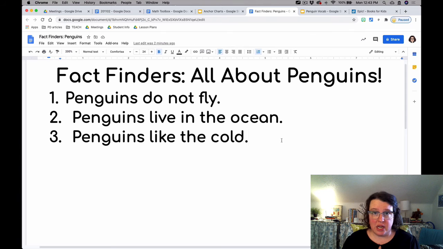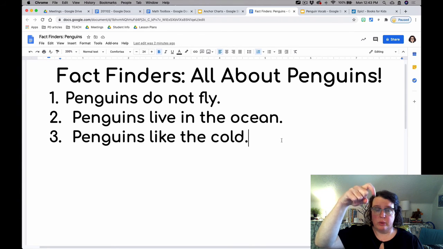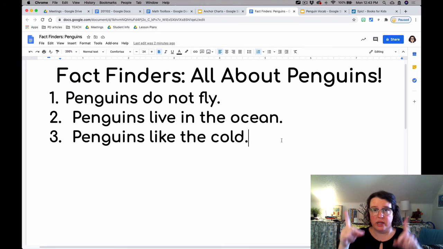When you are done writing your 2 facts, I want you to click the button below and go over to Seesaw and take a picture of your penguin drawing and the 2 facts that you wrote so that I can see them. And tomorrow we're going to learn some words. We're going to read some more of this book. I'm pretty excited because there's a lot of cool things to learn about penguins.